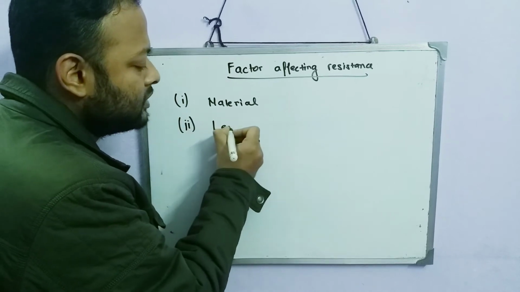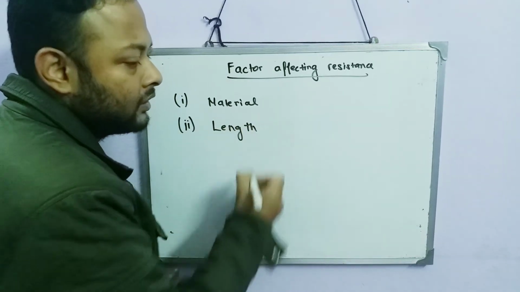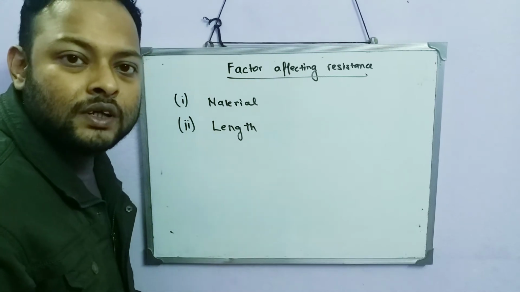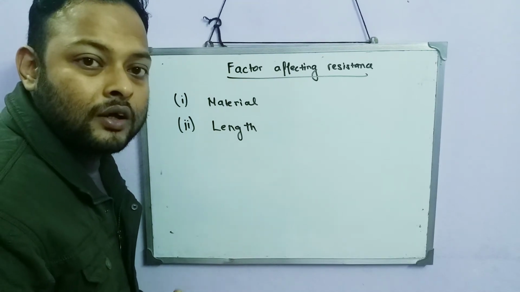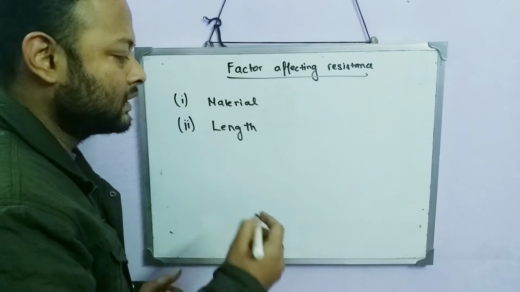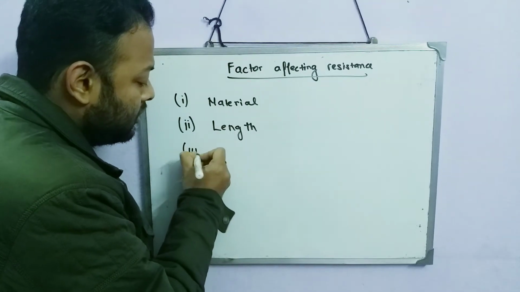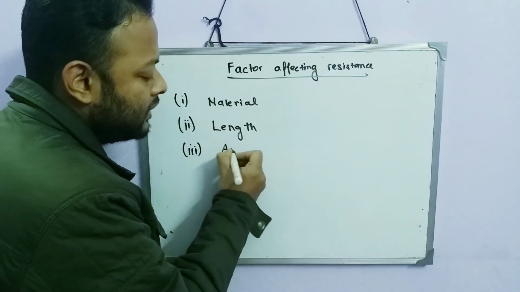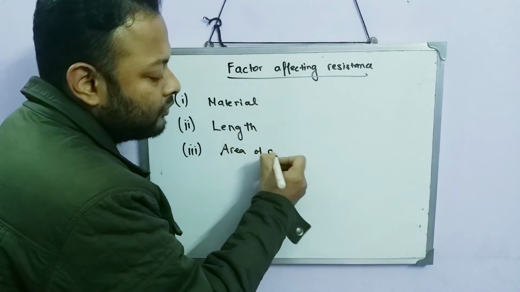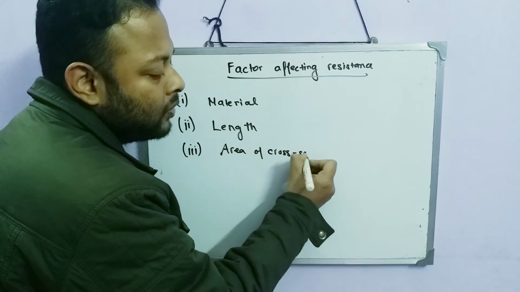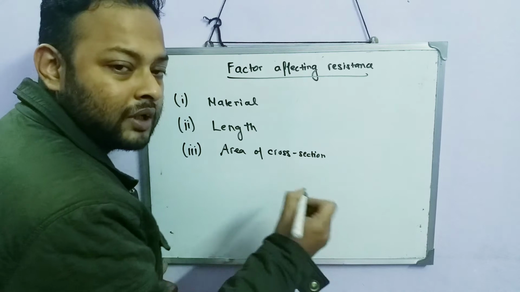The second factor is length. Length also affects the resistance, and how it affects it we will discuss after that. The third factor is the area of cross section. Now what is the area of cross section? Let me give you a little idea.